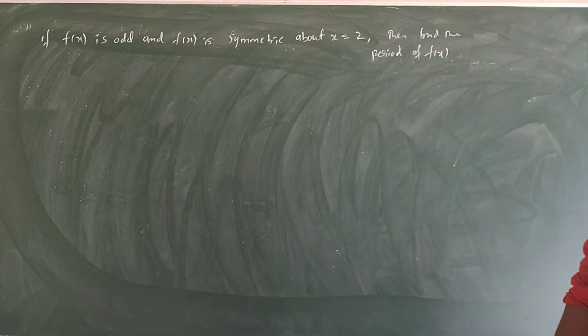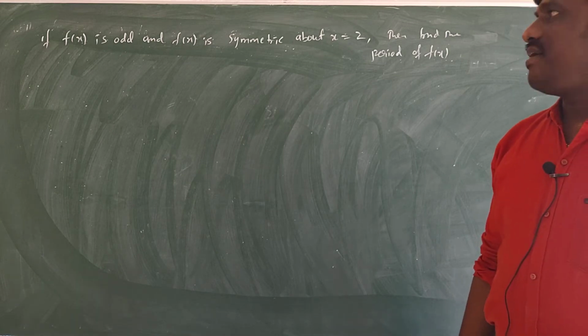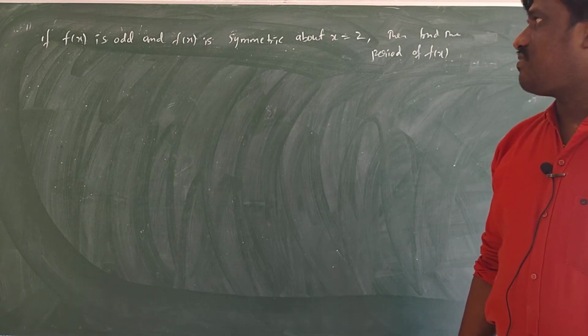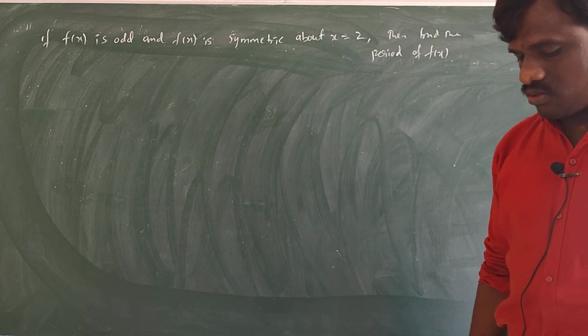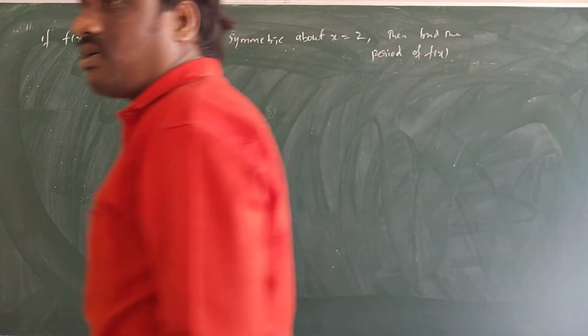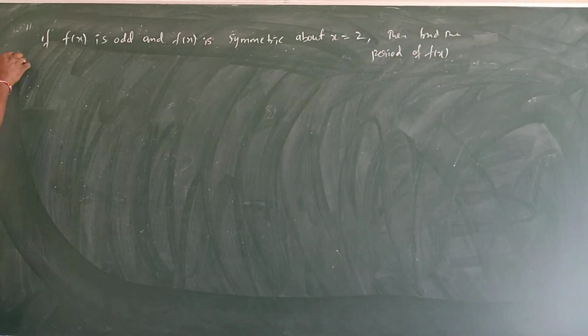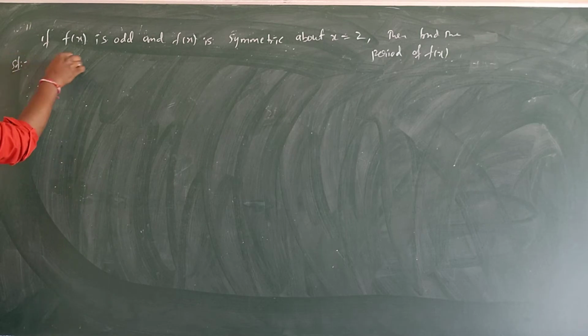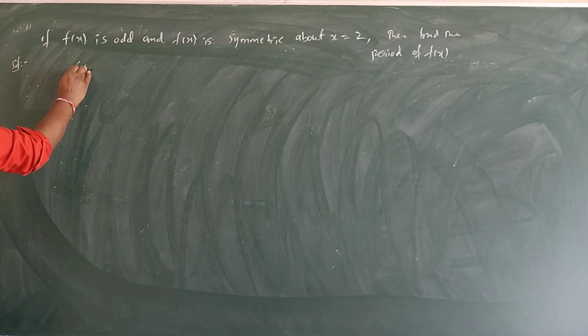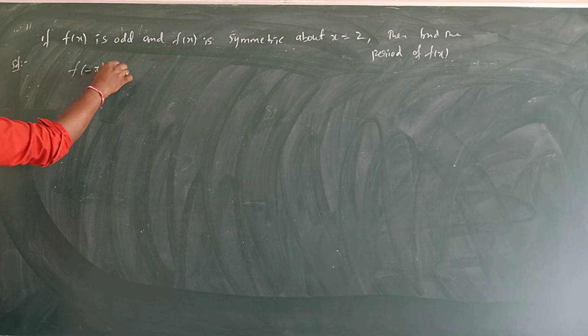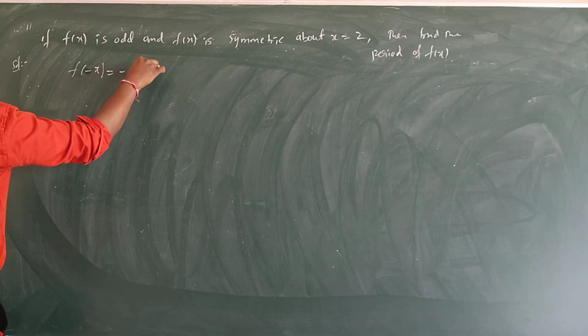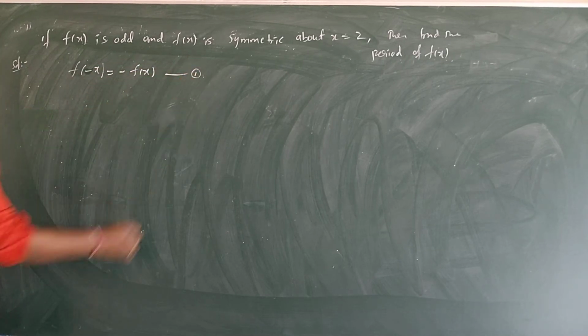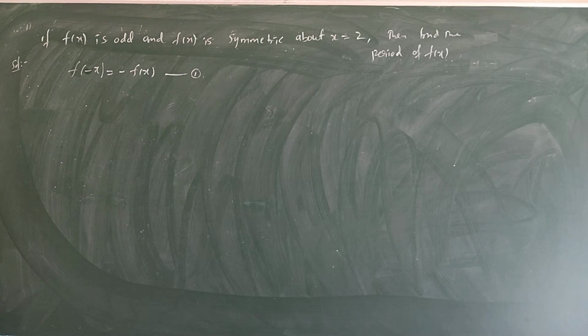Should I explain? If f of x is odd, and f of x is symmetric about x is equal to 2. See, f of x is odd, what is the rule? What is the rule for f of x being odd? f of minus x is equal to minus of f of x.